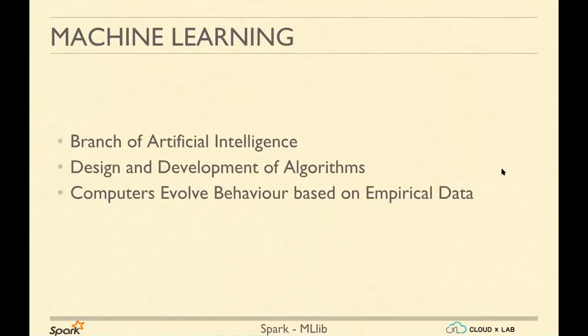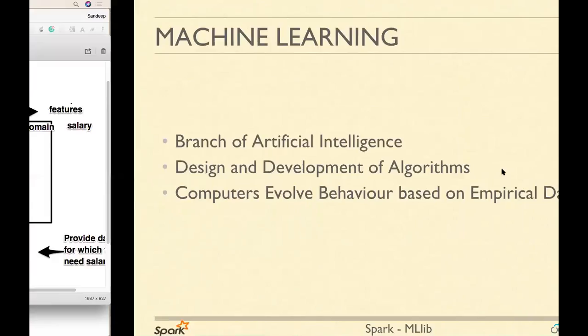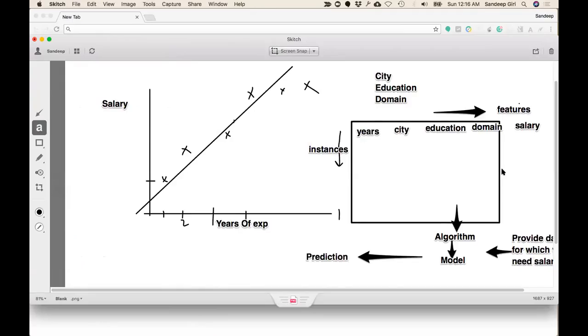Yes, Sandeep, go ahead. In MLlib, the algorithm and the model are both prepared. Algorithms are available as part of MLlib and scikit-learn. These are called machine learning libraries.